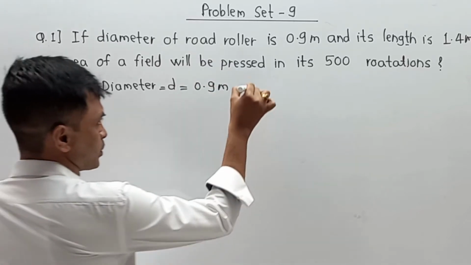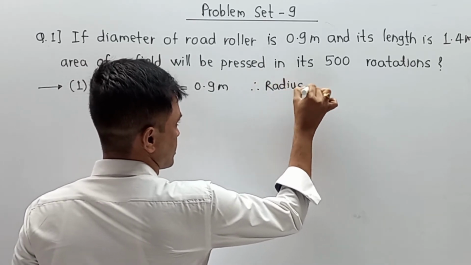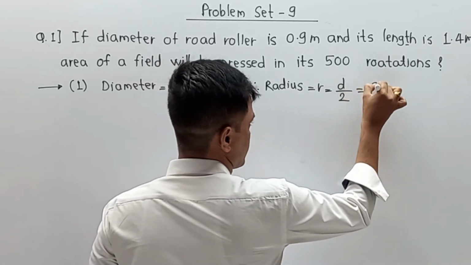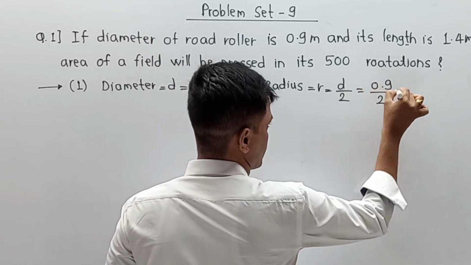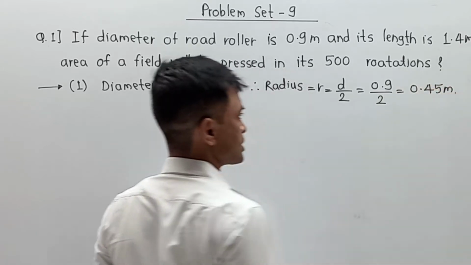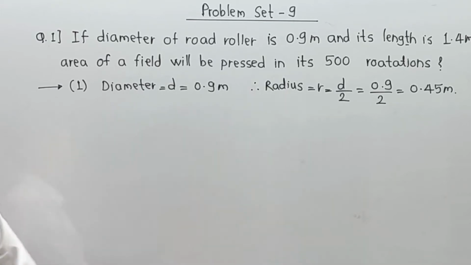Now we are converting it into radius, therefore radius r is equal to diameter divided by 2, means 0.9 divided by 2, and it becomes 0.45 meter. This is our first calculation. Means they have given a diameter and we converted it into radius.